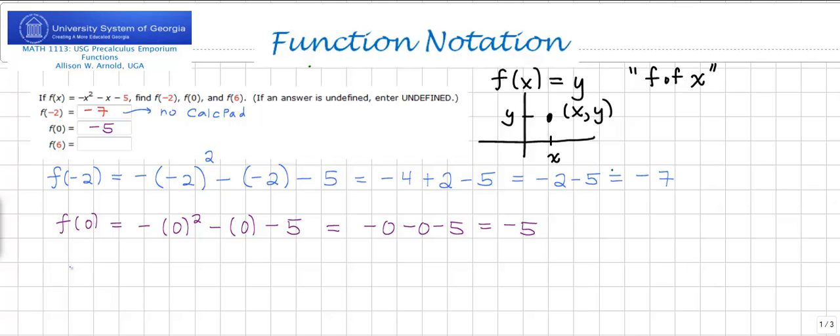And lastly, in this example, f of 6, negative 6 quantity squared minus 6 minus 5 will be negative 36 minus 6 minus 5, or negative 36 minus 11, or negative 47.